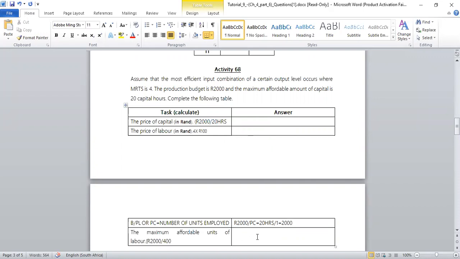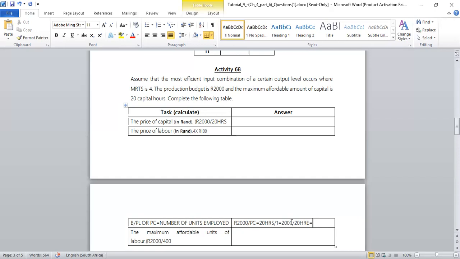Then PC times 20 hours is giving me how much? So here, divided by 20 hours. 2000 divided by 20 hours is giving me my PC.